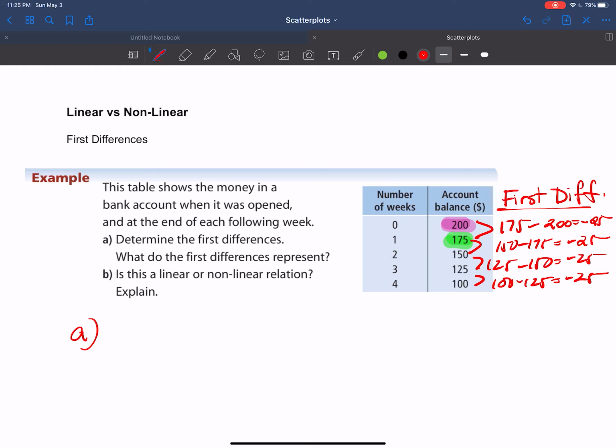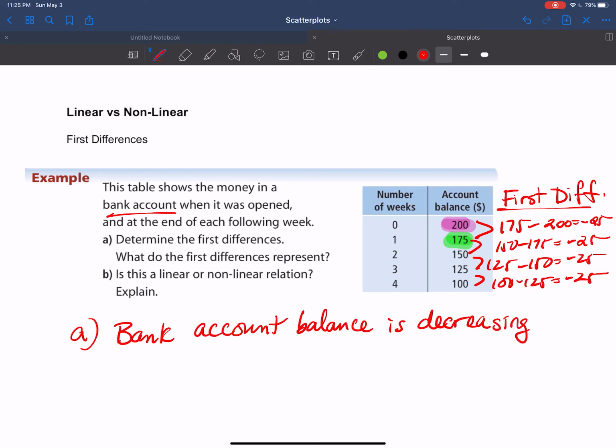It's that this bank account is decreasing by $25. The bank account balance decreases by $25.